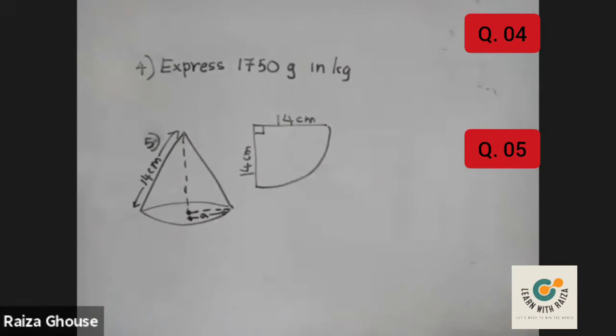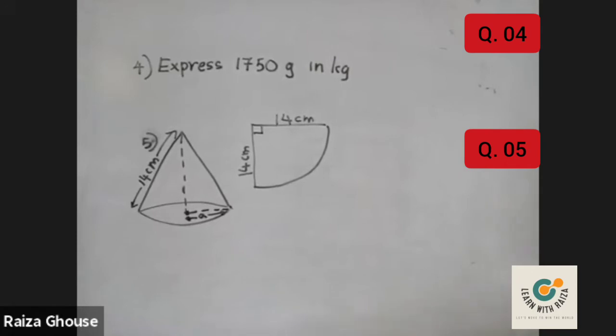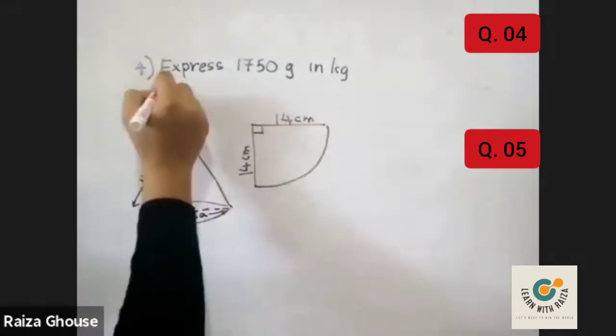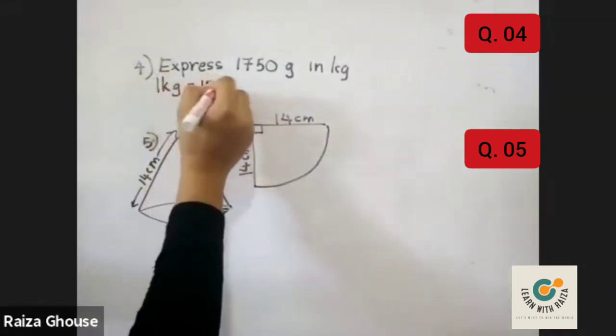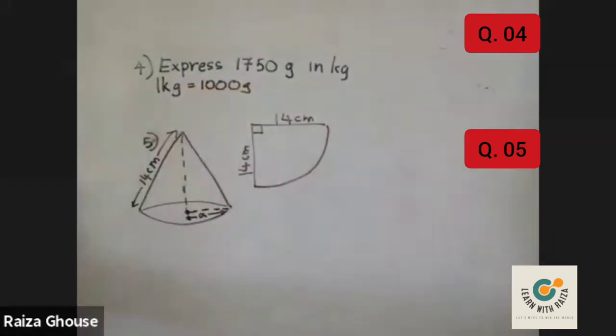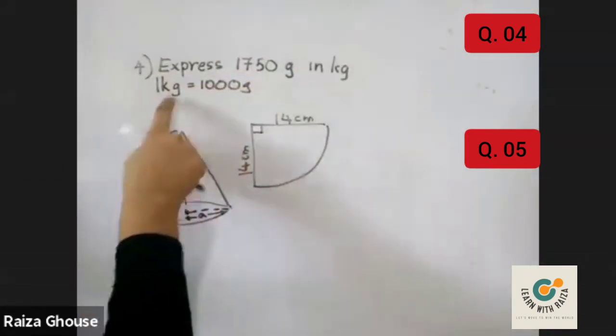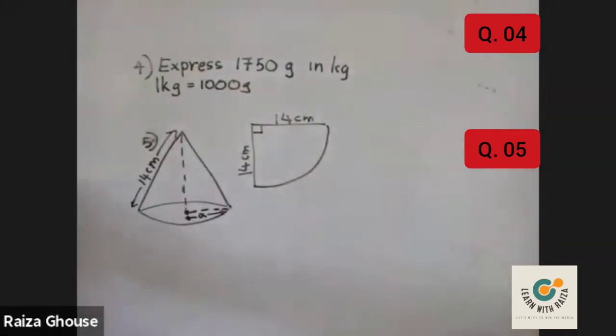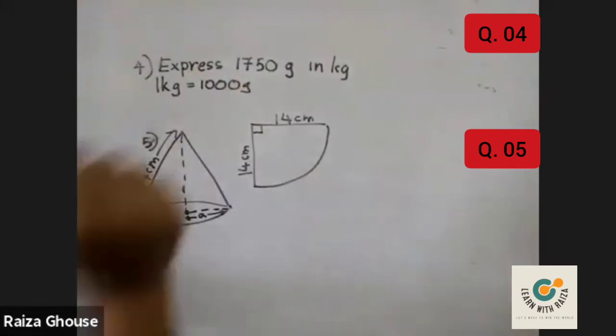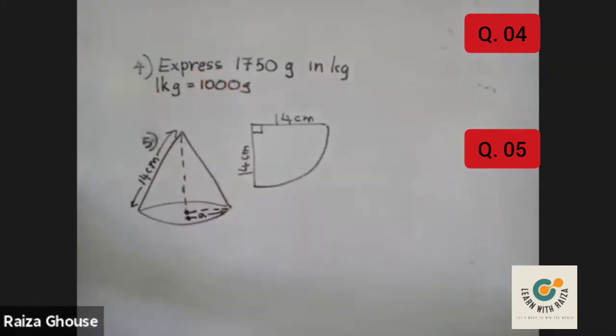Question number 4 and 5. Question number 4 is a simple question. Express 1750 grams in kilograms. Now how to express grams in kilograms? You should remember 1 kilogram is equal to 1000 grams. Now if 1000 grams is 1 kilogram, how many kilograms is 1750? So you have to divide 1750 by 1000.